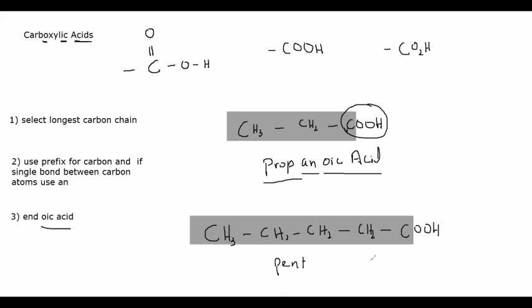Between the carbon atoms, throughout the chain, there is a single bond, so AN. And due to this whole group, it is known as oic acid. So it becomes pentanoic acid. Is it clear, the naming of carboxylic acids?